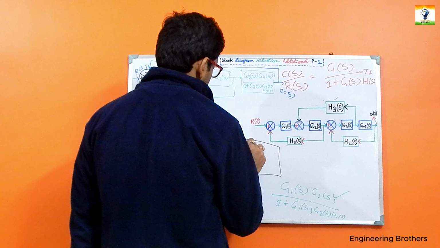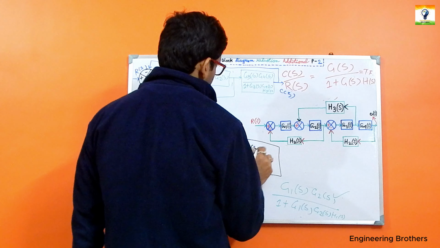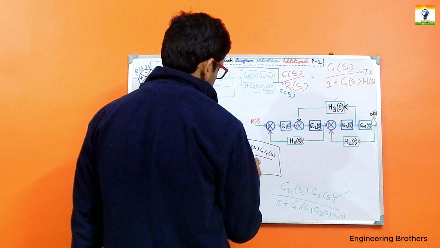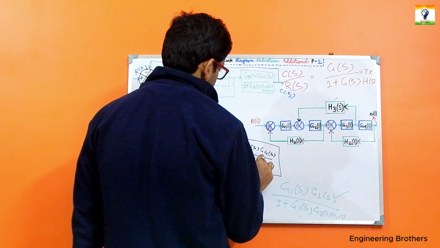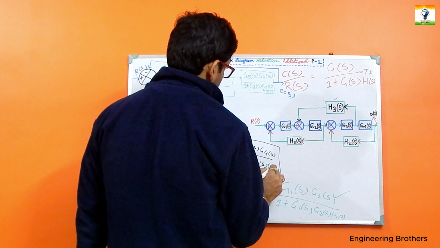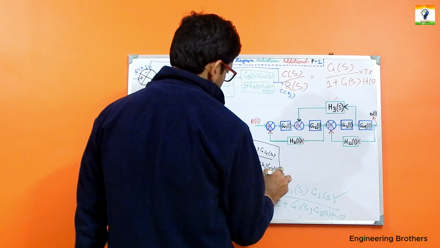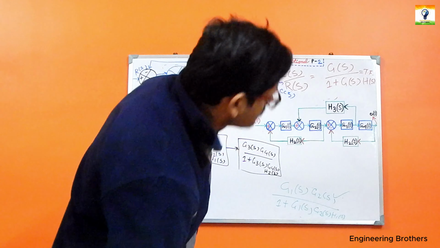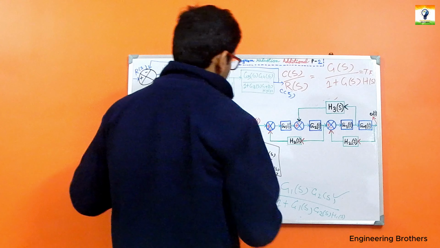and this one is going to be our considered part, which is our G3s G4s divided by 1 plus G3s G4s S2s, and this is going to be the end point for our CS.